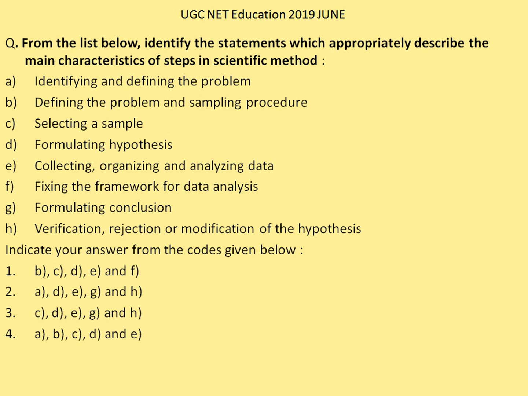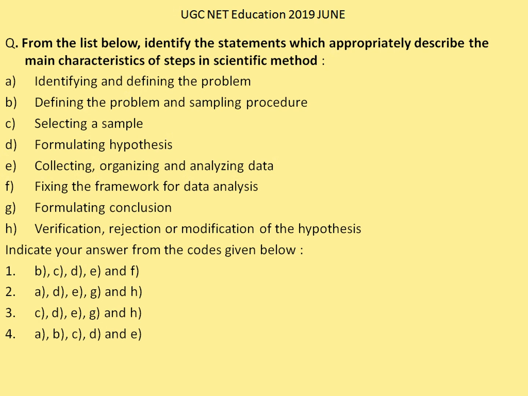In the given codes, options 2 and 3 are more or less the same. They include the steps like option D, formulating hypothesis, then option E, collecting, organizing and analyzing data, then option G, formulating conclusion, and H, verification, rejection or modification of the hypothesis.